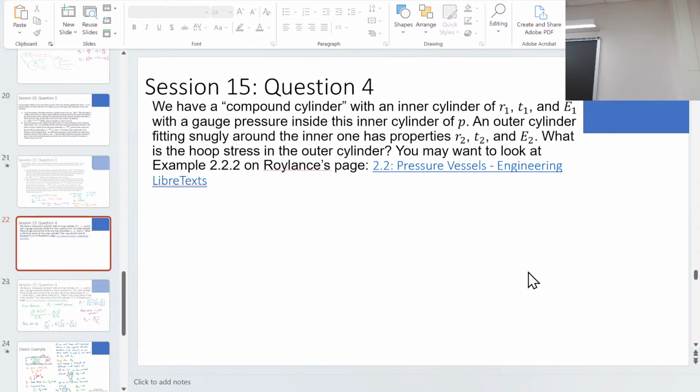What's the conversion for ATM to Pa? It's like 101,325 pascals in one ATM.